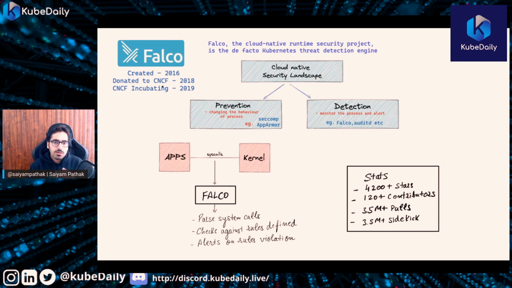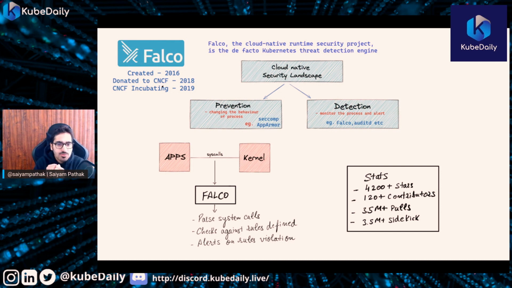So let's talk about Falco first. Falco is a cloud native runtime security project. It is a CNCF incubating project as of now, and it fits in the security landscape detection layer. One is the prevention layer, one is the detection layer, and Falco sits in the detection layer. How Falco works is very neat, because it directly tracks the syscalls going to the kernel via the apps.